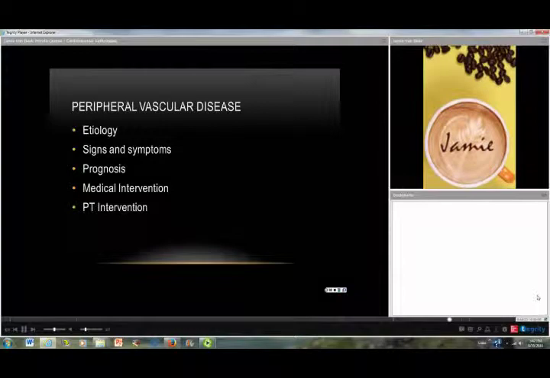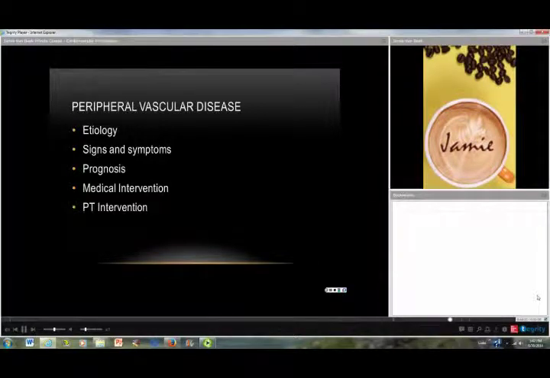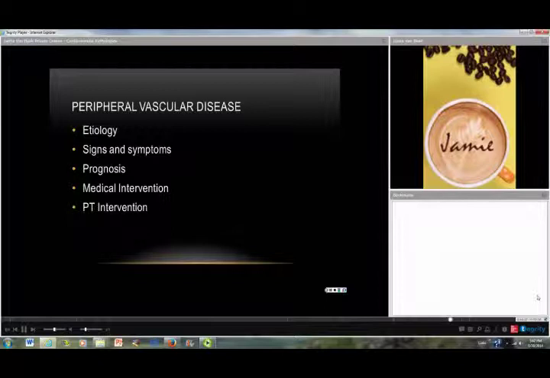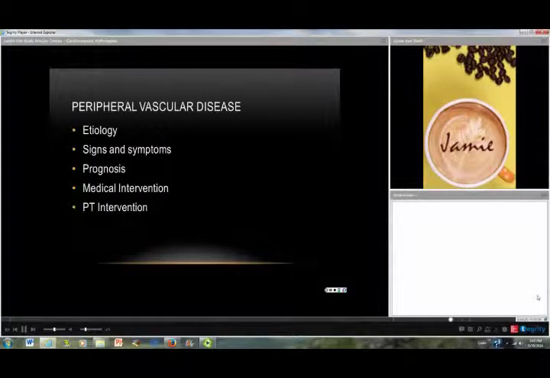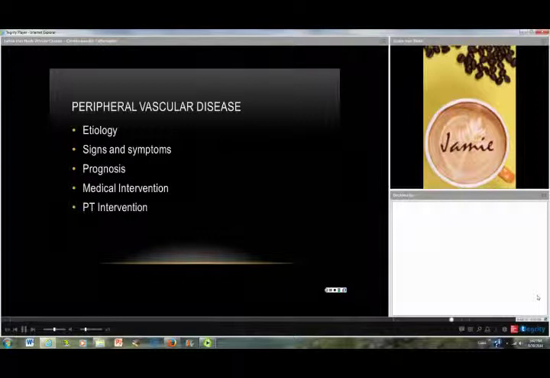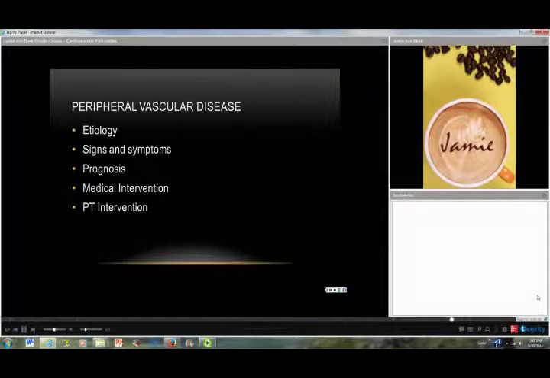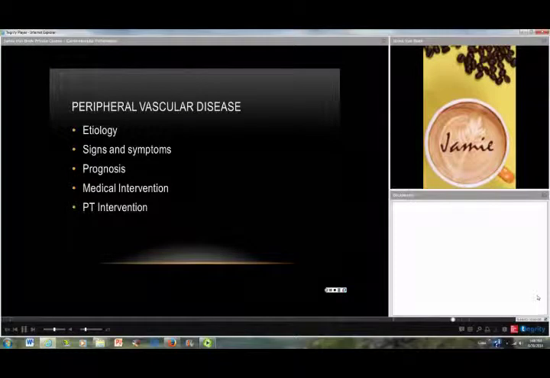Teaching them, like I said, about skin inspection, so that they know to inspect their skin regularly for any breakdown. Patients should be warned about not placing their feet or legs too close to a heat source, such as a fireplace in the winter, or a hot bath.